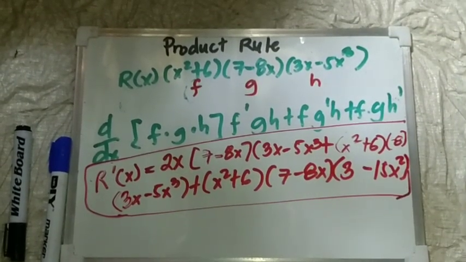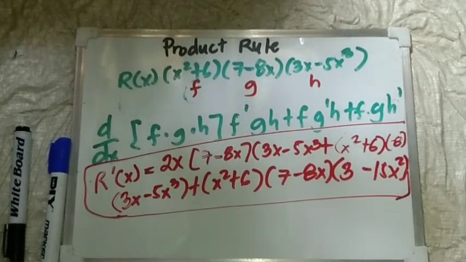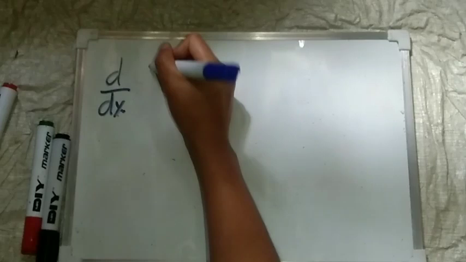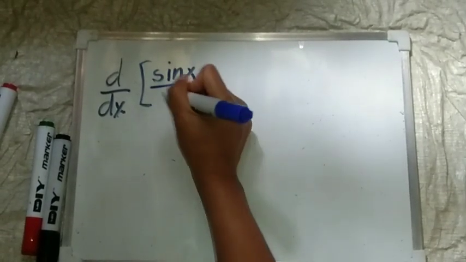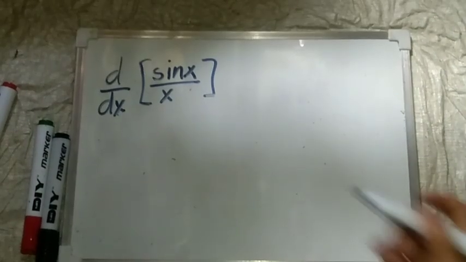Now let's proceed to the quotient rule. So let's say we have here sine x divided by x, and we will use the quotient rule to find the derivative of this expression.